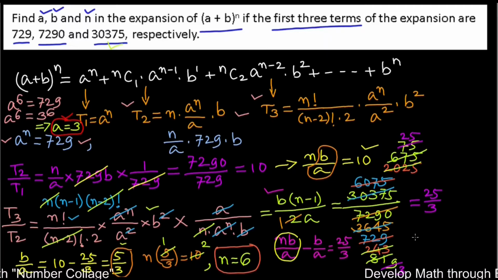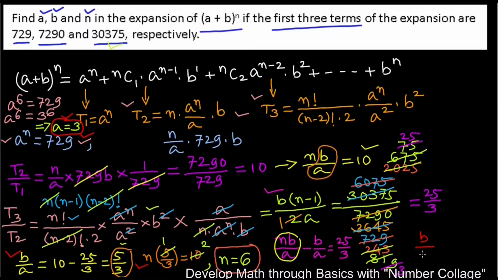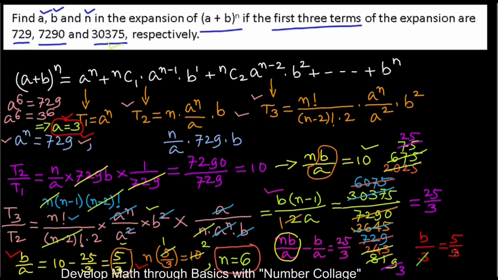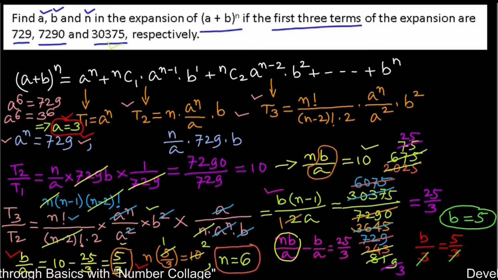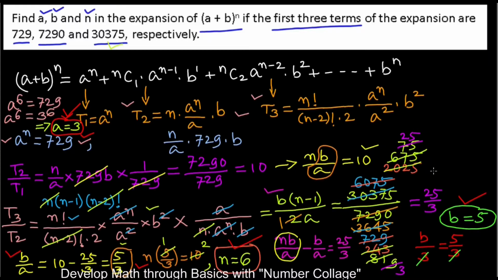Now since b upon a equals 5 upon 3, so we write b upon a, which is 3, equals 5 upon 3. Now this 3 cancels with this 3, and we get our third value, b equals 5. So we got all the three values, a equals 3, b equals 5, and n equals 6.